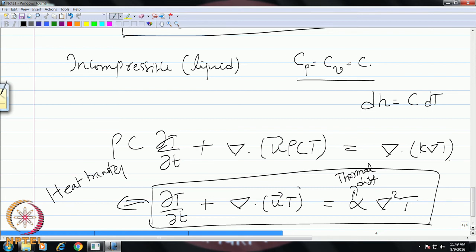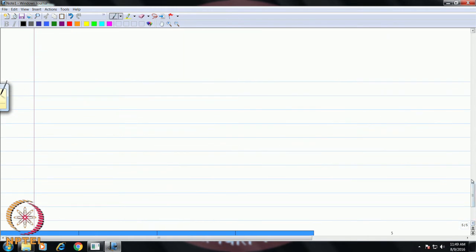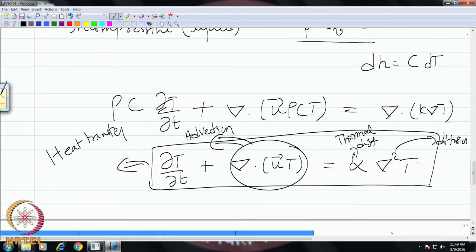This is your advective term and the right hand side is your diffusion term. So, once again this is in a coordinate free representation. So, you can use it in any coordinate system that you want.